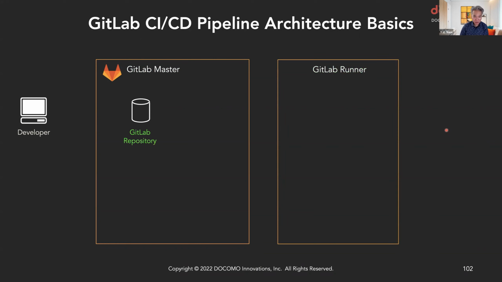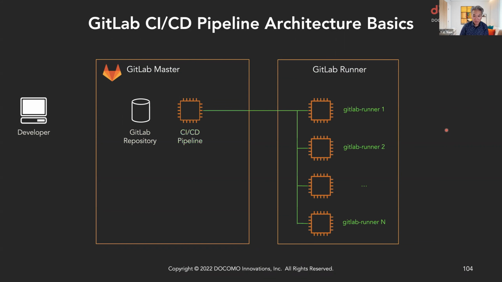The GitLab master has a GitLab repository and the functionality of a CI/CD pipeline, and it invokes GitLab runners to process a certain test. We can set up multiple GitLab runners like in this diagram. GitLab runners are, in other words, workers. In that way, we can run our tests in parallel, and therefore schedule multiple test scenarios independently at the same time.